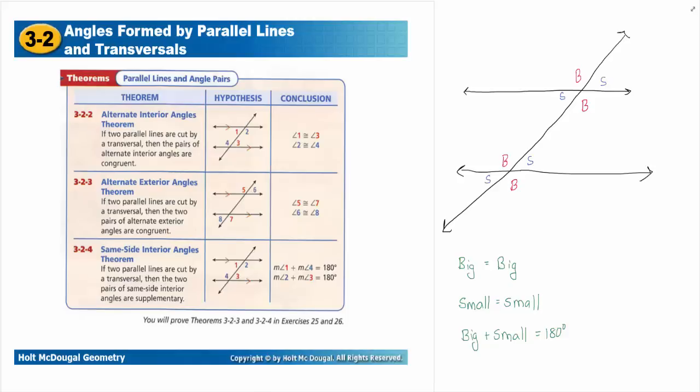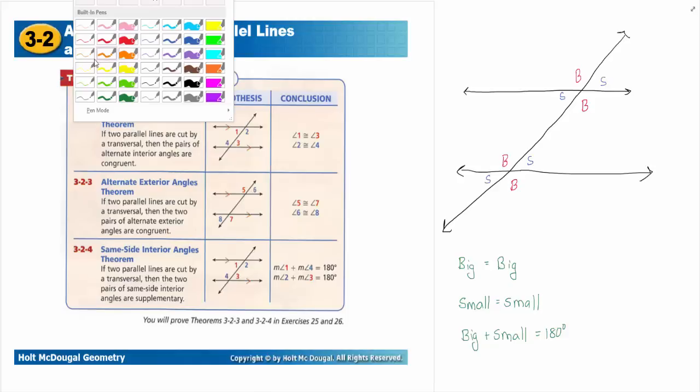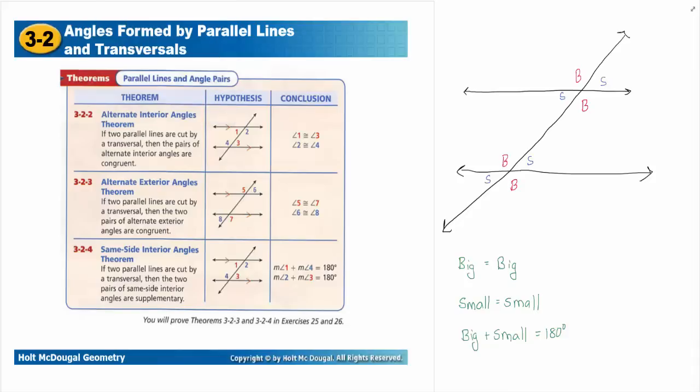Now, one thing that they will try to do from time to time, and it's something you're going to need to be aware of, is they're going to attempt, let's try to do that. They're going to attempt to add an extra line in here. It's an ugly line. I just kind of get the point. And it's like adding a second transversal, but you need to realize in those cases still that here's my big angle and there's my other big angle.